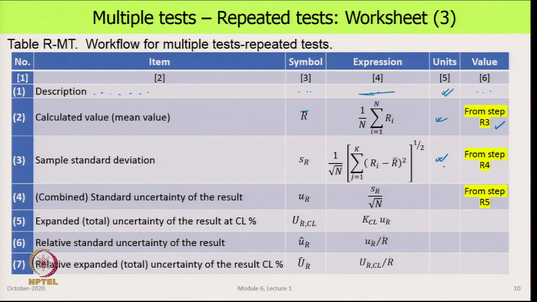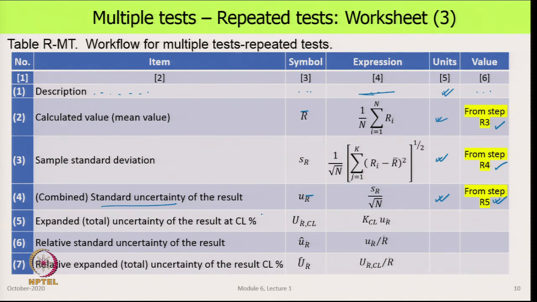It has the same units as the parameter we are looking at, and we write the result over there. Then we look at the standard uncertainty or the combined standard uncertainty of the result, U R bar, and this is the standard deviation of the sample S R divided by square root of n, same units it should have, and we can enter the value over there.